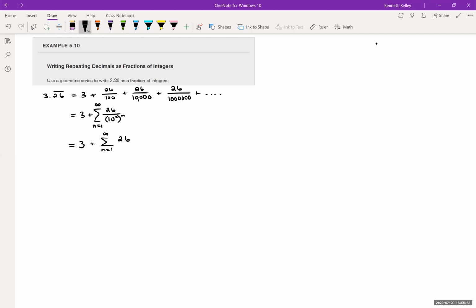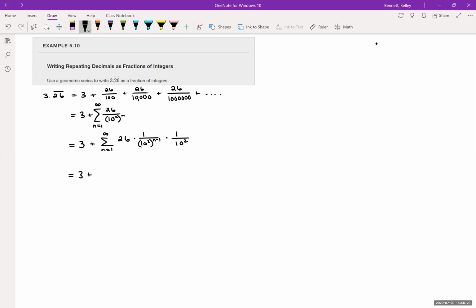So I have 26 times, I really need this to be n minus 1. So in order to make these two things equivalent, I need to multiply by 10 squared, right? So if I added these exponents together, I would be back at n.